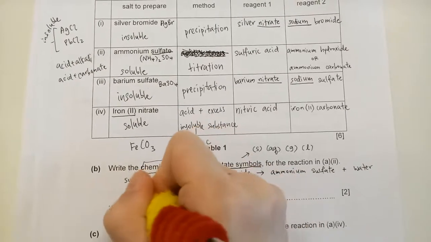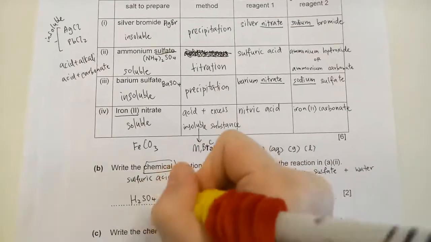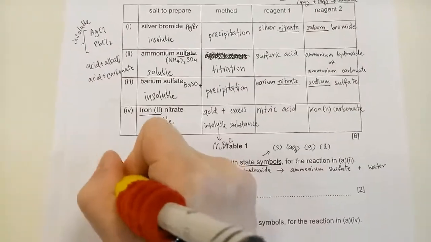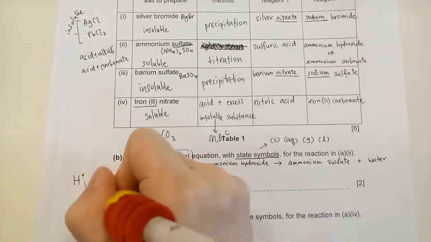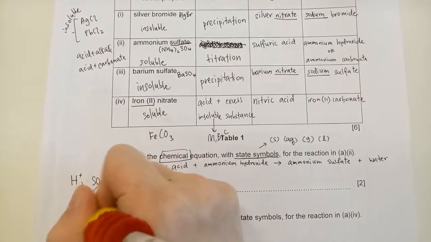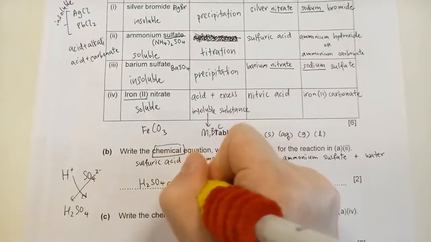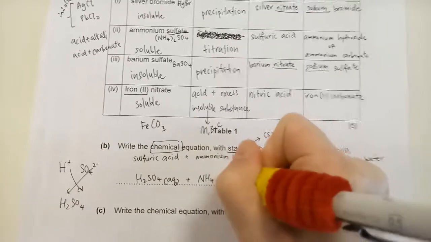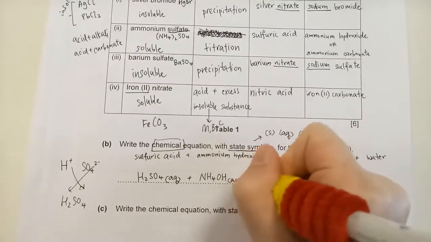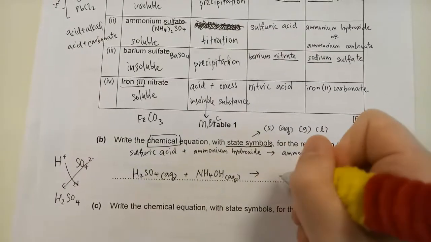Okay, done. So you want to translate it into a chemical equation. Sulfuric acid is H2SO4, because the sulfate is SO4 2 minus, hydrogen ion is H plus. So I do my crisscross, I'll get H2SO4. Okay, so this is aqueous plus ammonium hydroxide aqueous gives me ammonium sulfate.